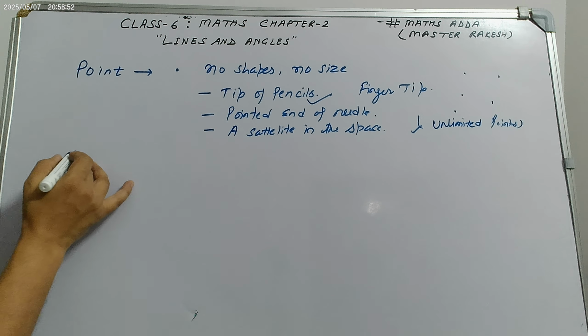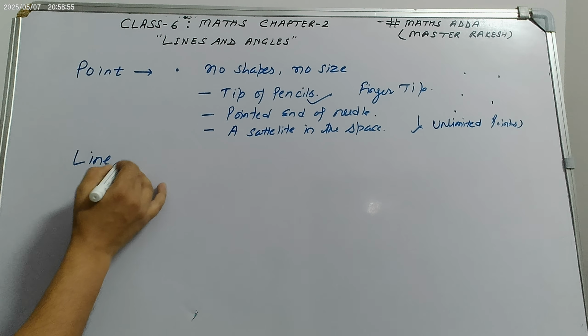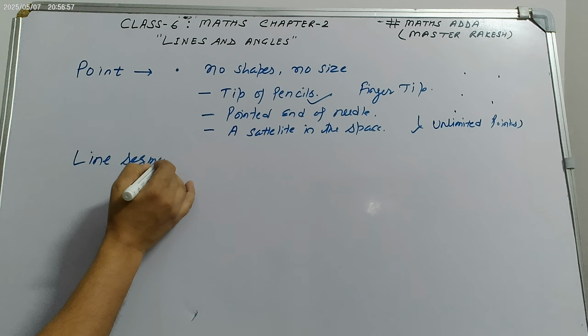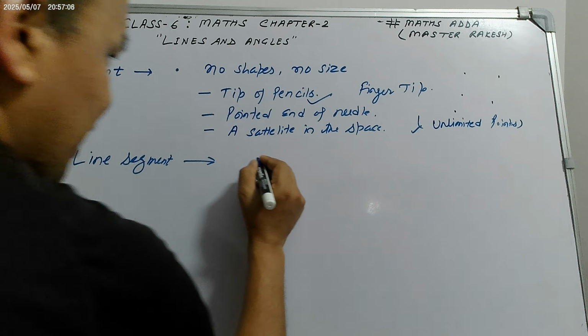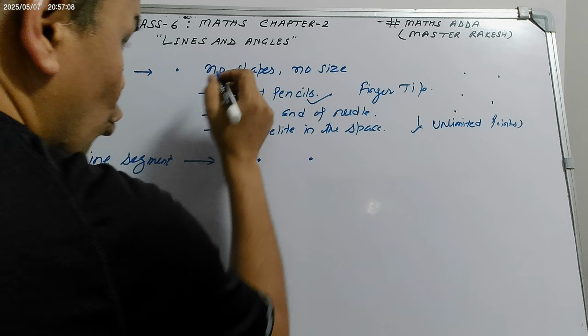Now the second topic is line segment. What is a line segment? A line segment is the shortest distance between 2 points. There are 2 points, points we read above.